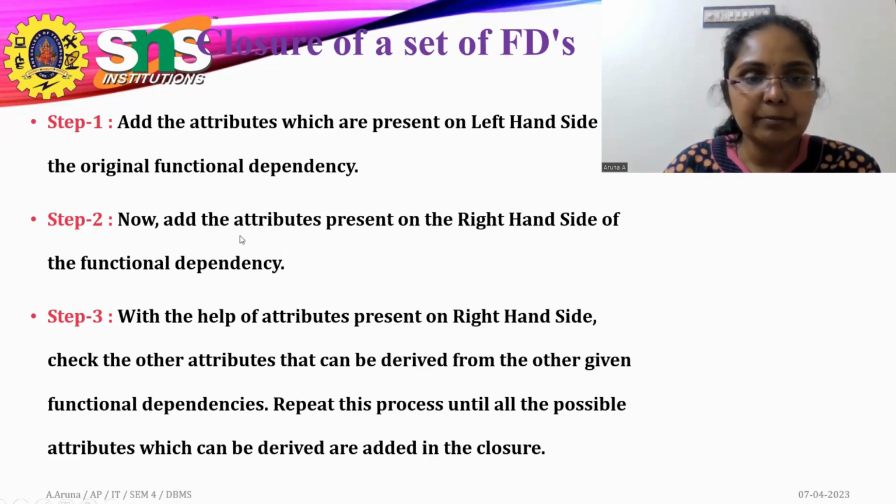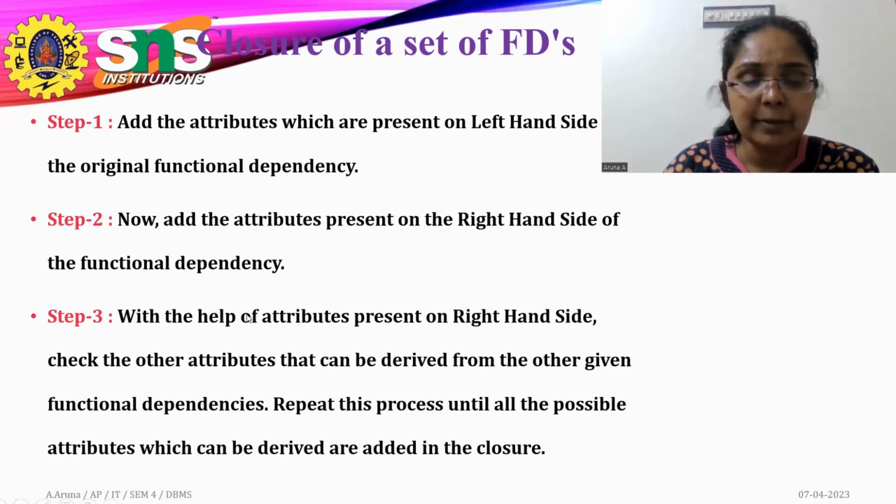In the second step, add the attributes present on the right hand side of the functional dependencies. Based on step 1, whatever elements we wrote, using their right hand side values we identify whether any dependency is available in our given functional dependencies, and we write it over there.